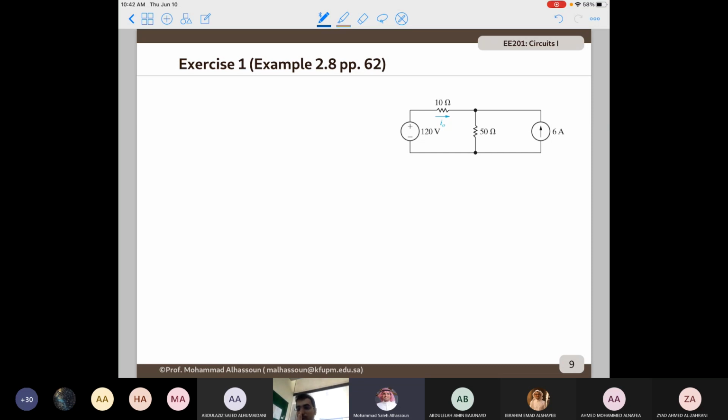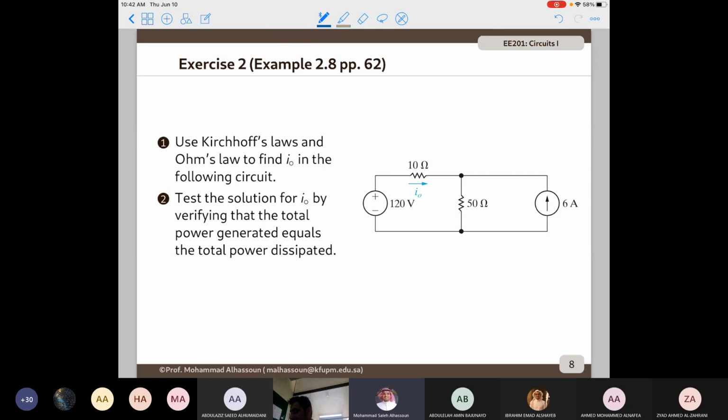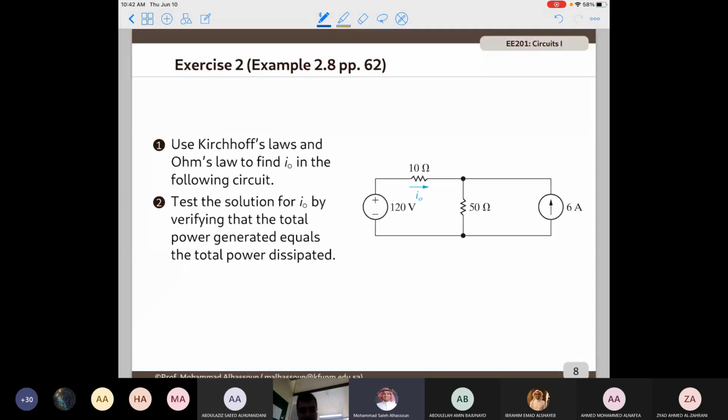before we proceed, let's build a strategy here. Let's look into the circuit and see what's going on. We are asked to find I naught. In order to find I naught, we have three options, or three laws.